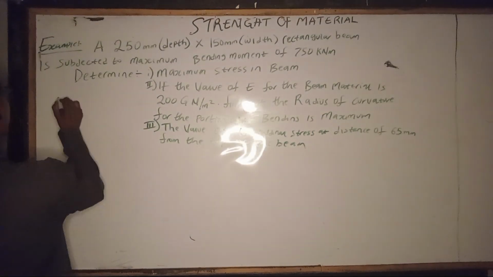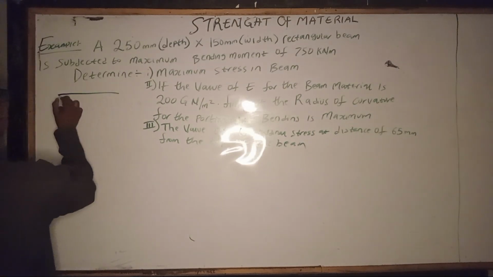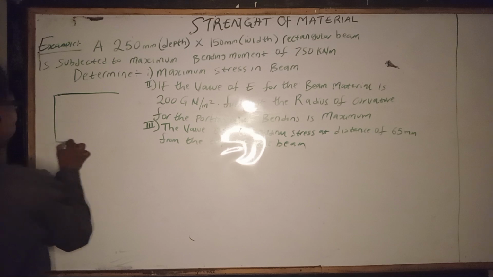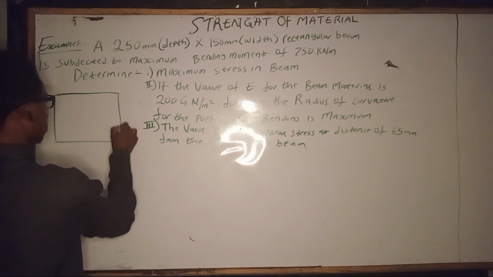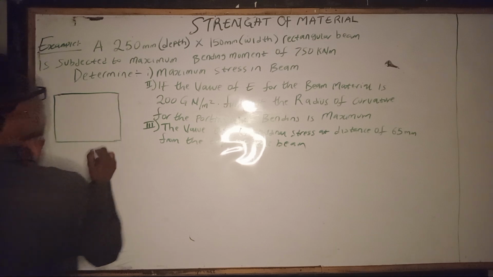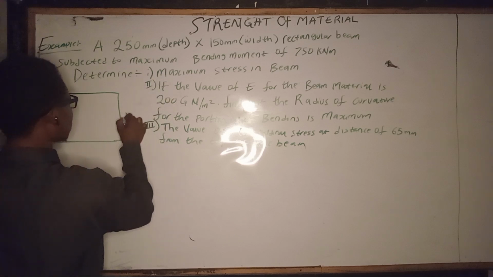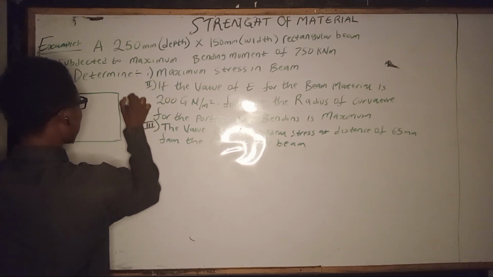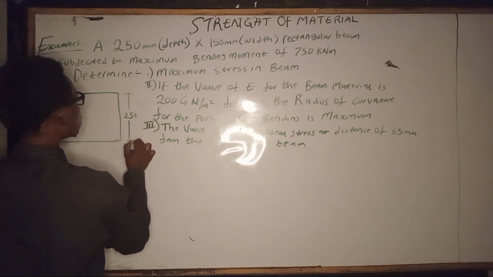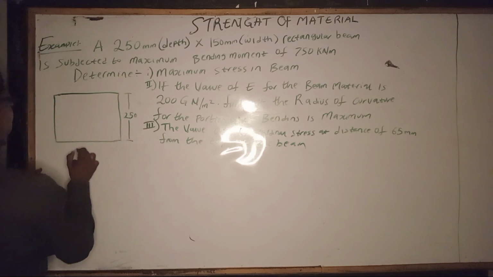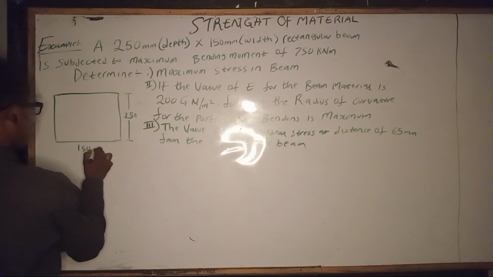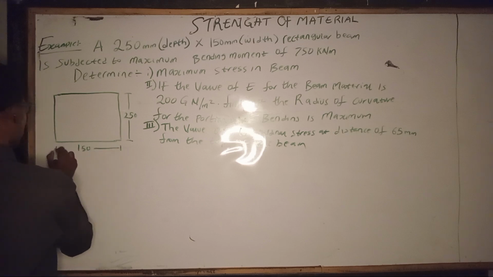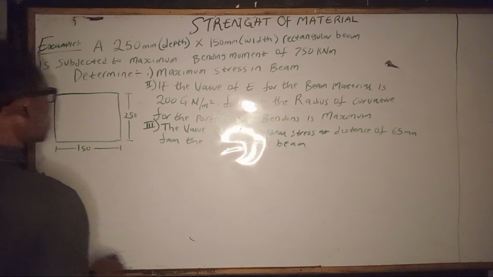So we have a rectangular beam. Here the depth is 250 millimeter and the base is 150. That is the width. The width is 150 millimeter.